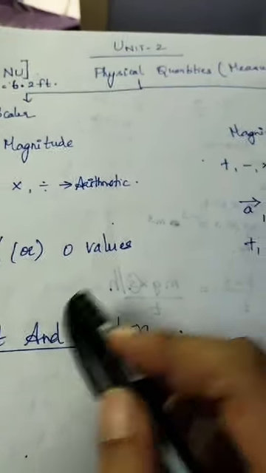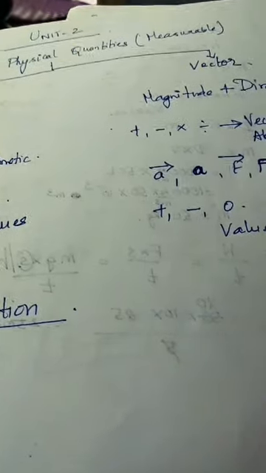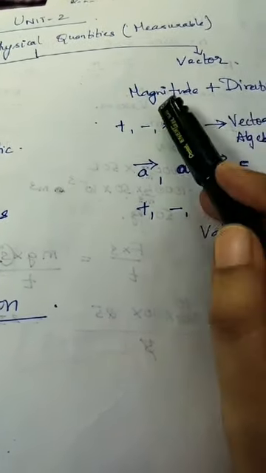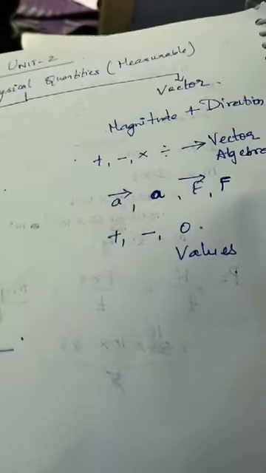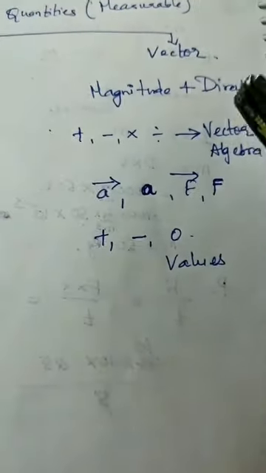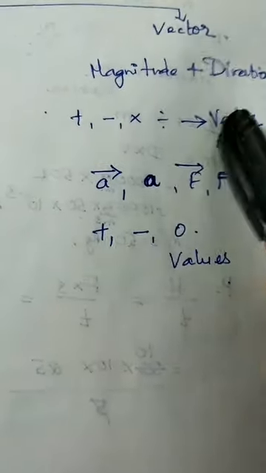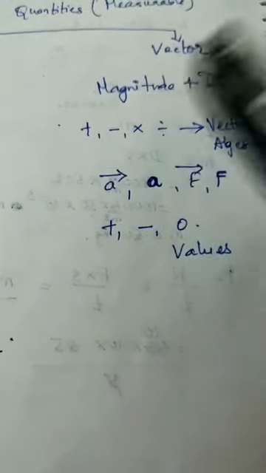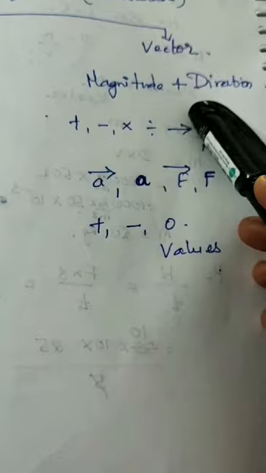Now come back to your vector quantity. In this you'll have a special category: it has magnitude plus direction, that is, in which way the particle is moving will be denoted. So scalar means it will have only magnitude, whereas magnitude plus direction means it is your vector quantity.